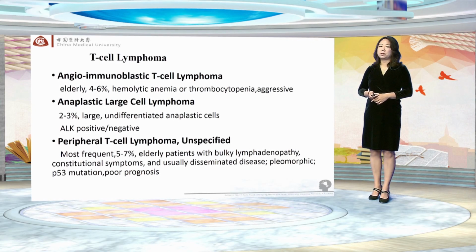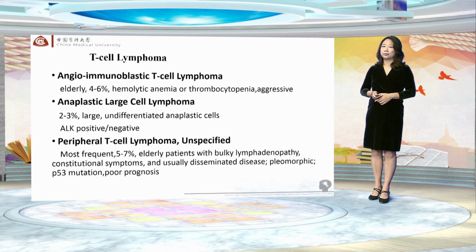ALK positive cases present in young men with lymphadenopathy and extranodal sites, as well as constitutional symptoms, and have a better prognosis. Whereas ALK negative cases present in the 6th decade and have less extranodal involvement but a poor outcome.